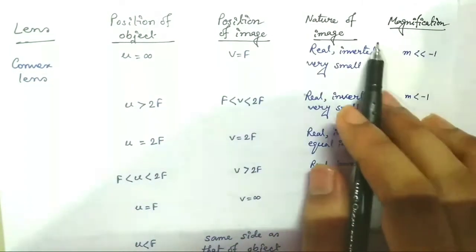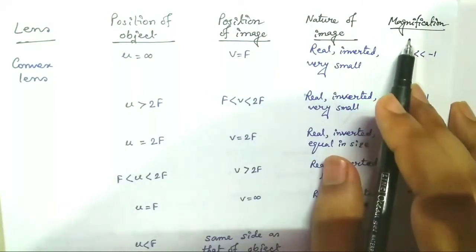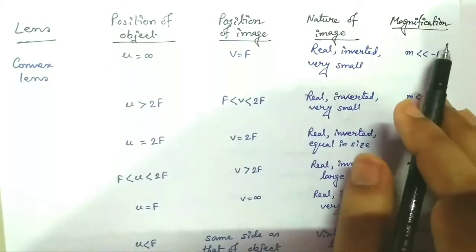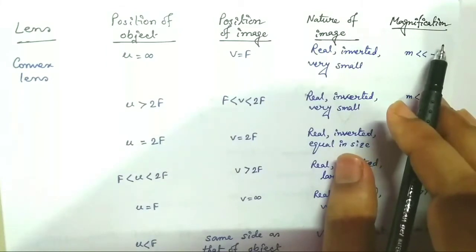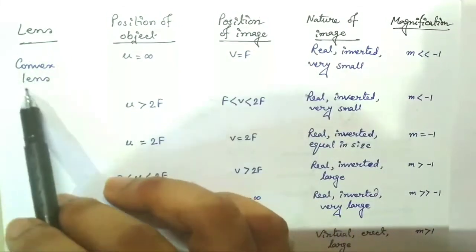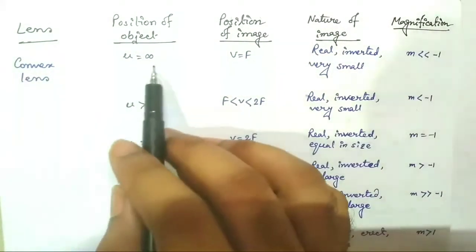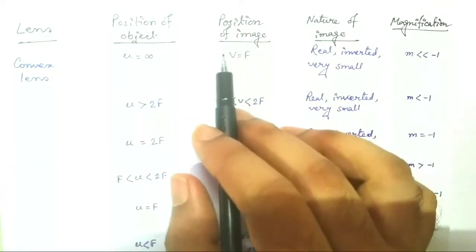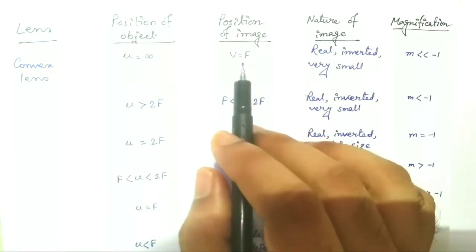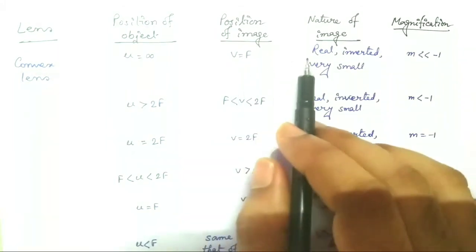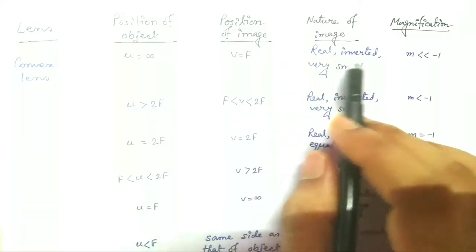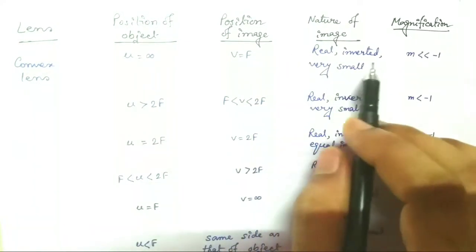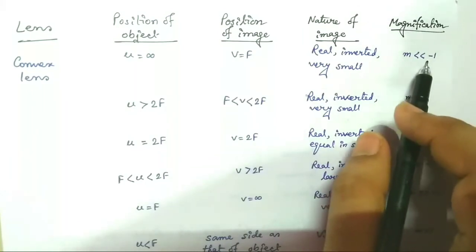First of all, we have to know the definition of magnification. What is magnification? Magnification is nothing but the ratio of the size of the image to the size of the object. Okay? Now consider first the convex lens. If the object is placed at infinity, the image will be formed at the second principal focus, and the nature of the image formed will be real, inverted, and very small, and magnification very less than -1.